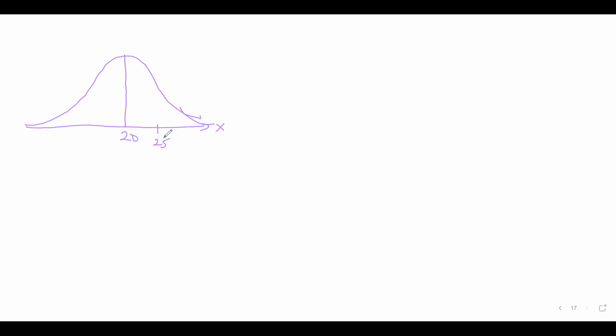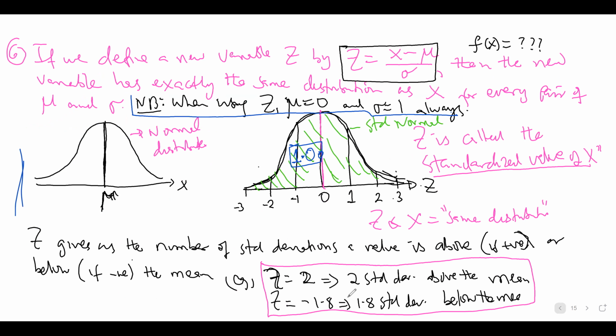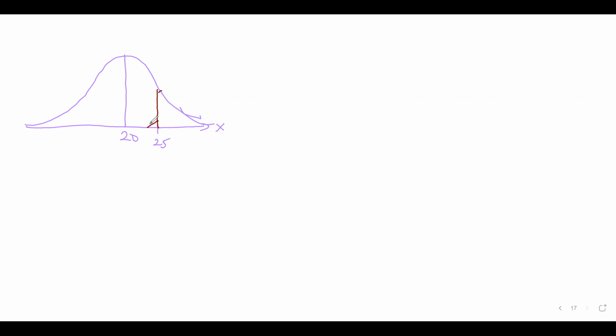The question is, what is the probability that this student is less than 25 years old? So we need this probability here. We need this area. Less than 25 means I have that. If we are using calculus, we'll be integrating the function from minus infinity to 25. But we are saying this one can be expressed in terms of Z.